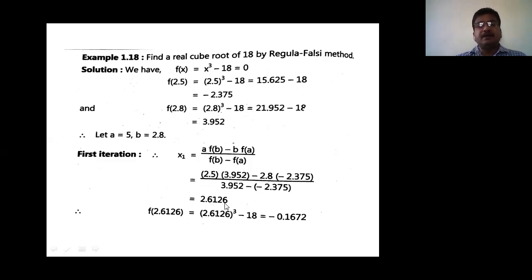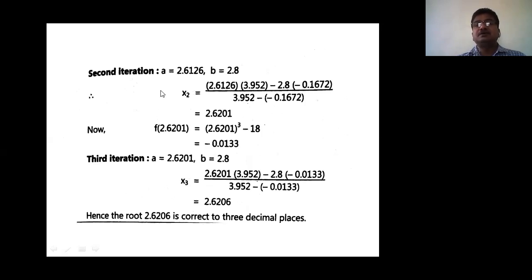At this point the value is negative, and at 2.8 the value is positive, and therefore the root lies between 2.6126 and 2.8. In the next iteration, take a as 2.6126 and b as 2.8, and perform the second iteration.